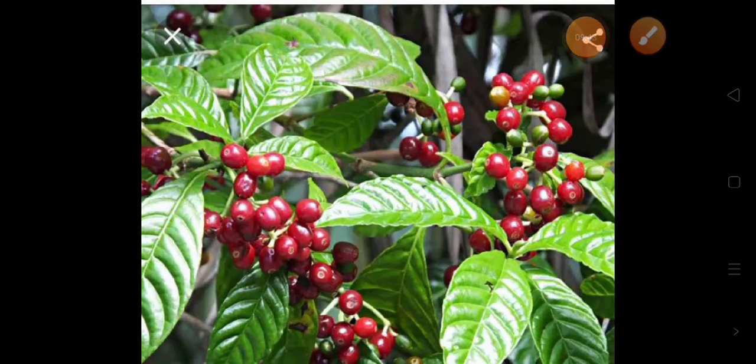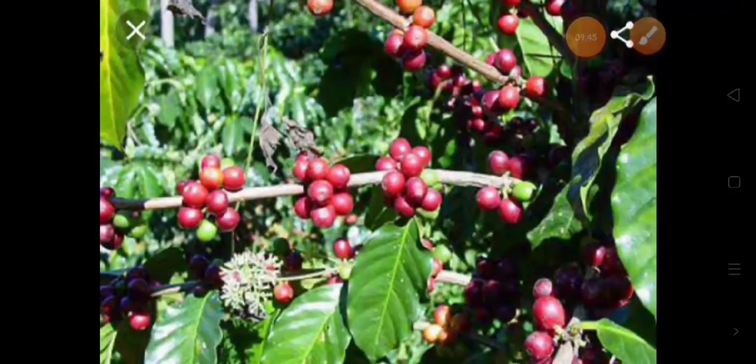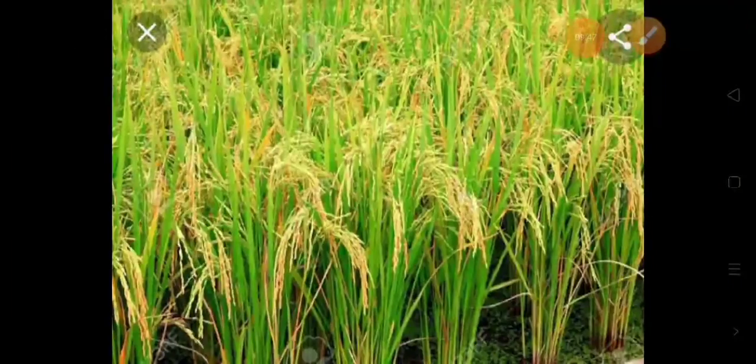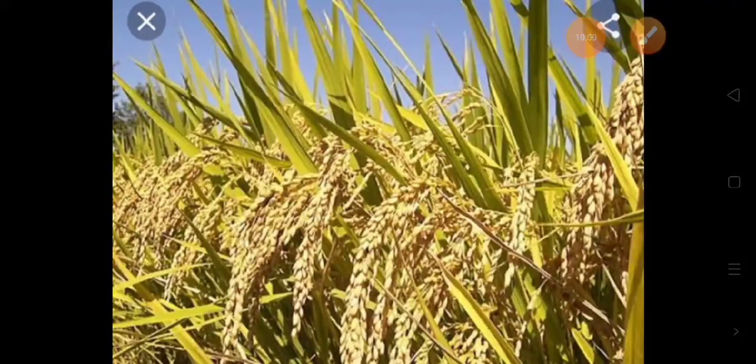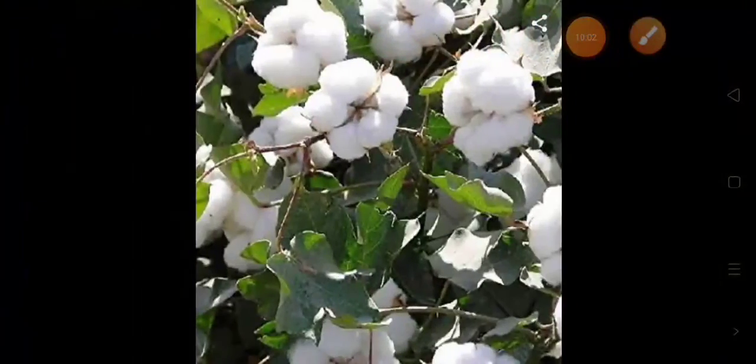Coffee plant, sugarcane, you already know. These are rice plants, then cotton. Okay, these type of trees and plants we can find in hot and damp areas.